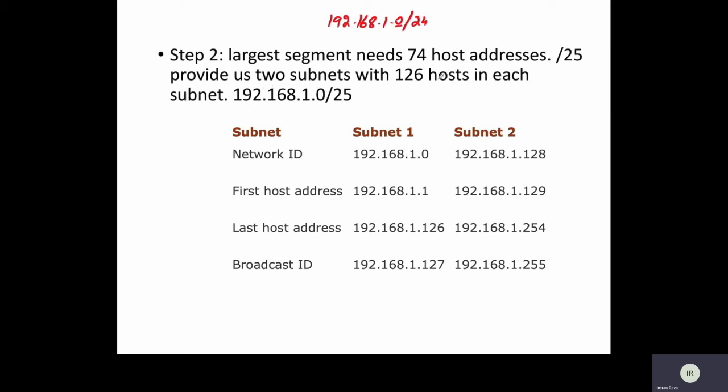The largest segment, computer science, needs how many nodes? Yes, 74. So I'll borrow 1 bit here. Borrowing 1 bit means now how many bits represent the network portion? Yes, 25.